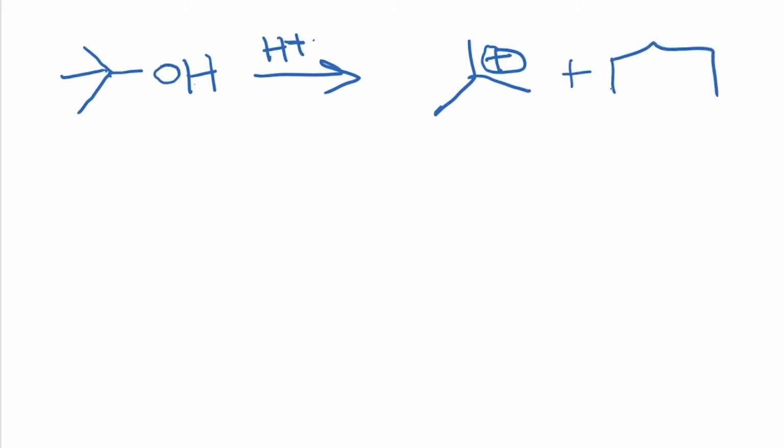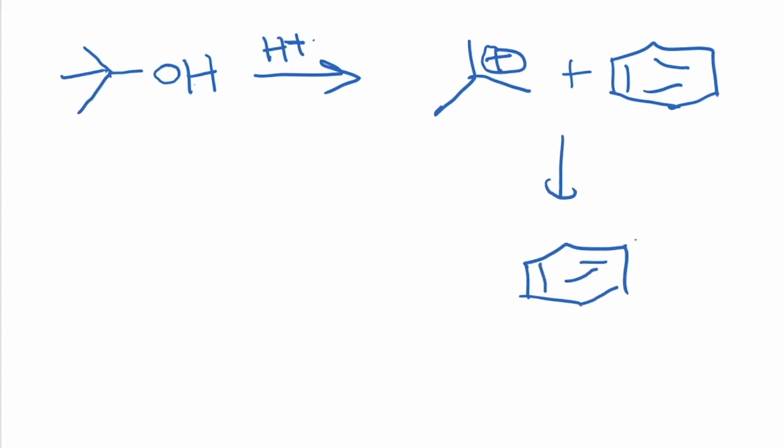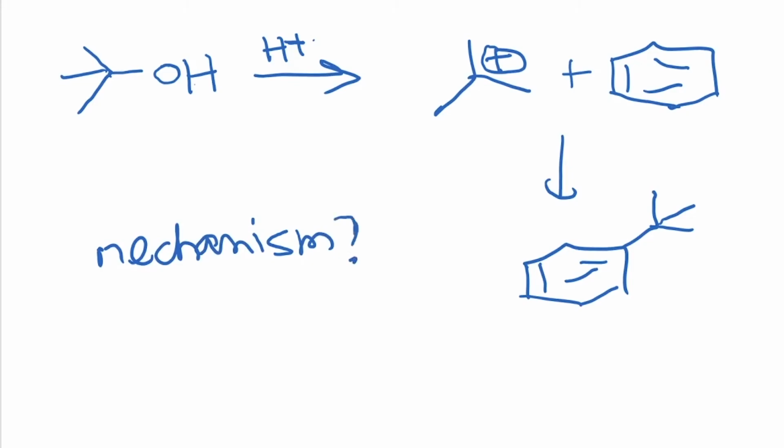And if you add benzene to this, then the product that you're going to get is this. I would urge you to go back and work out the mechanism of this reaction. This is an assignment for all of you. Go back and do this.